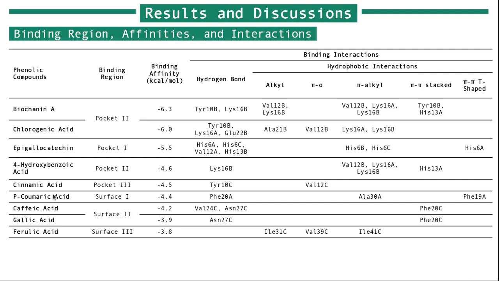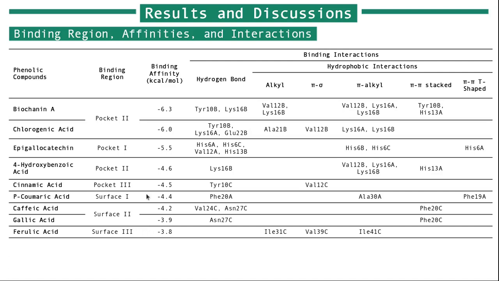The next slide, binding affinities and interactions. Here the compounds were listed from the strongest binding affinity to the lowest binding affinity. As we can see, the binding affinity was stronger for the ligands that bound into the pocket compared to the binding affinity of the ligands that bound on the surface of the AB fibrils.